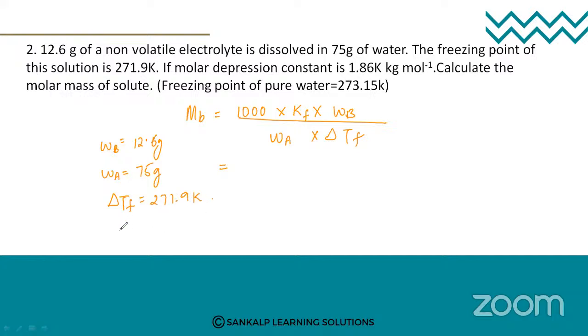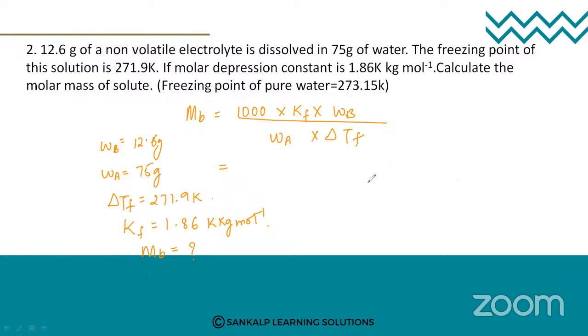Then the molar depression constant, it is KF, that is 1.86 Kelvin kilograms per mole. You have to calculate the molecular mass of the solute. The solvent is water.